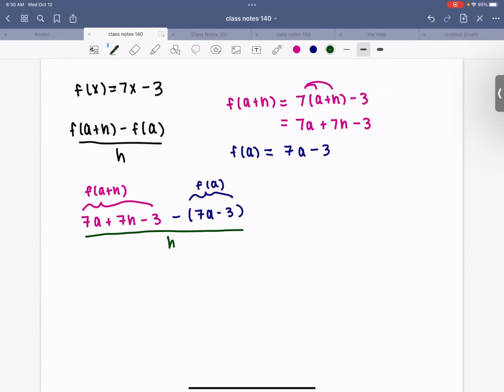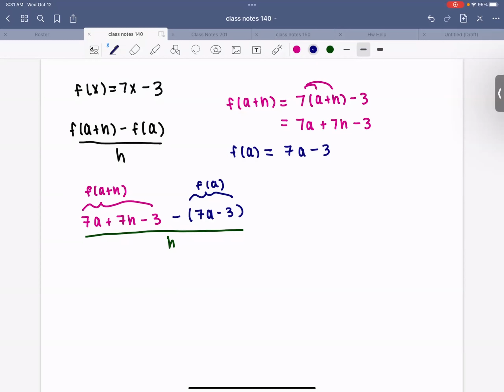Why don't we just finish this one up? What should I do to simplify this? What would be my first step here? I think I heard you say it. We can, but since there are parentheses here, I might not want to do that first.